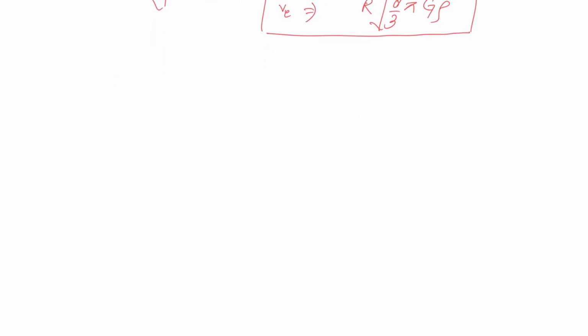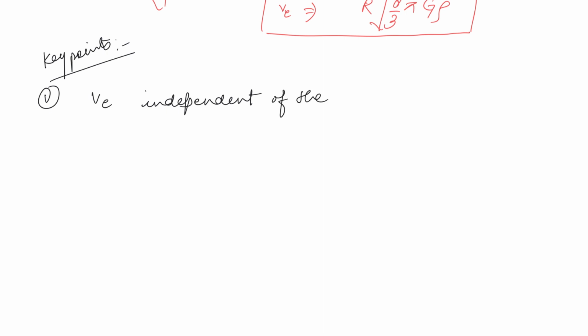Now let's talk about some important key points. We can see that escape velocity is independent of the mass of the body and direction of projection.